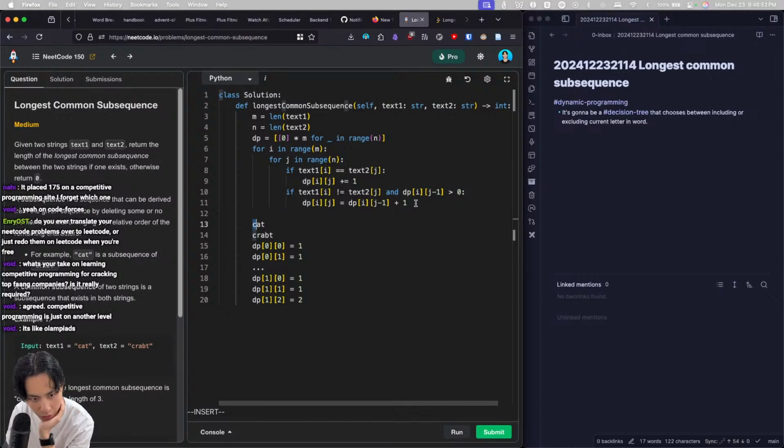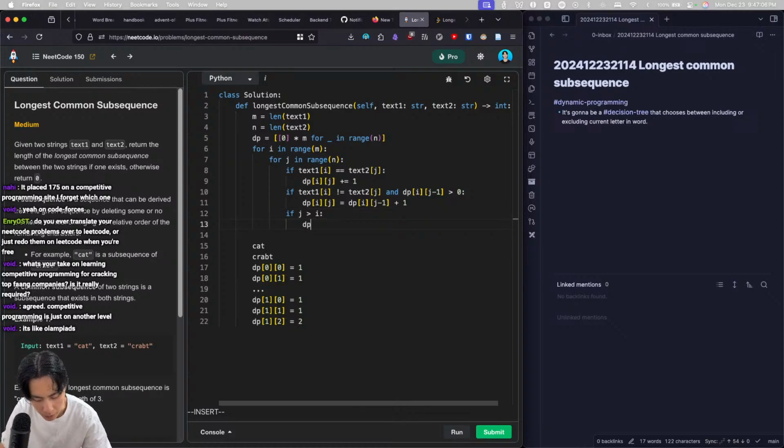So if I is greater than j, or if j is greater than I. Alright, let's think about this. If j is greater than I, then dp of ij is equal to dp of ij minus 1.